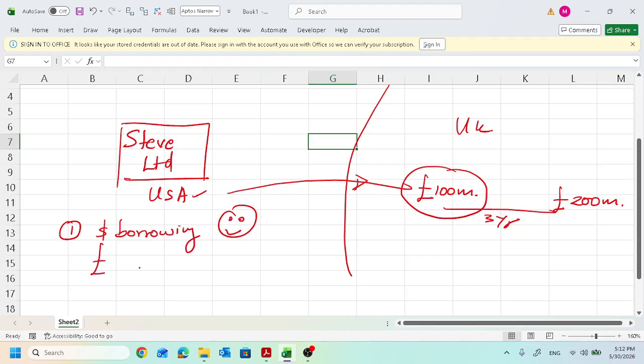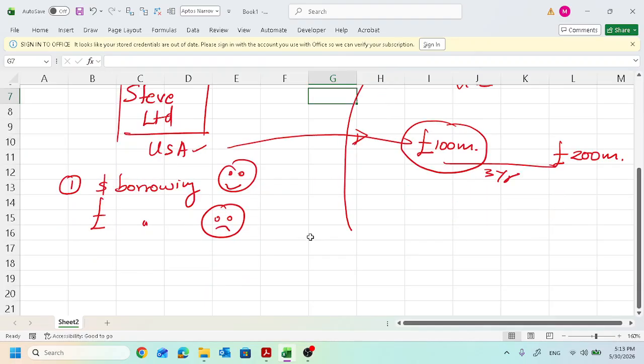But if they want to make pound borrowings, they may not get such good rates. So this is their concern number one. We want to invest in the UK, but if we make pound borrowings, then we may not get the best rates.